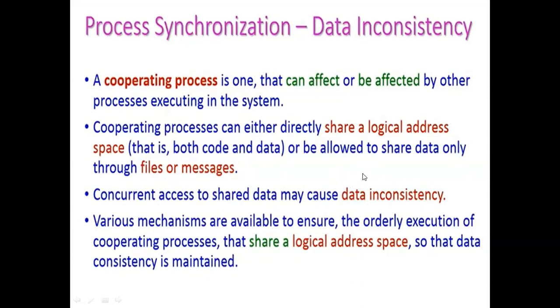To overcome this data inconsistency problem, various mechanisms are available to ensure the orderly execution of the cooperative processes that share the logical address space, so that data consistency will be maintained.